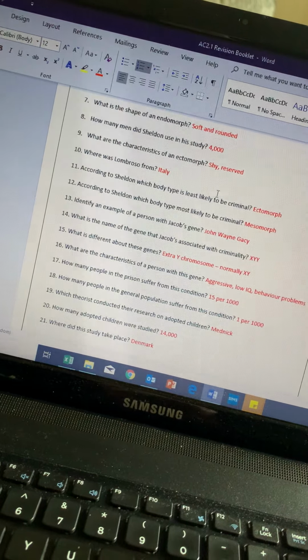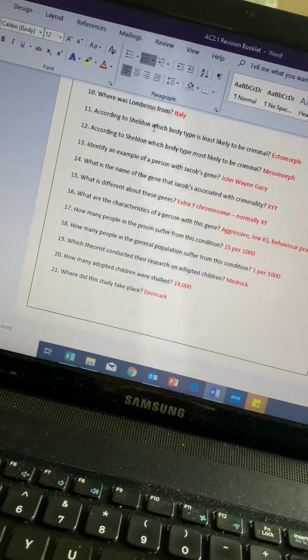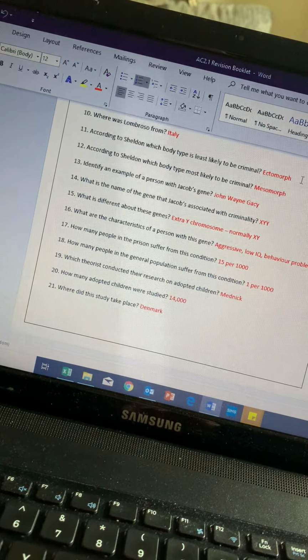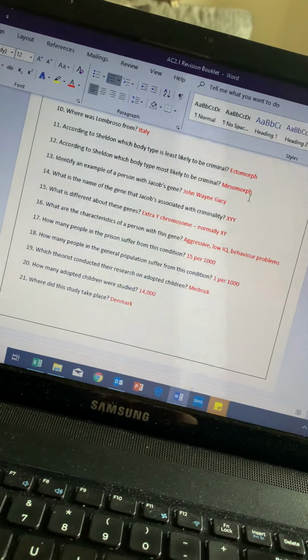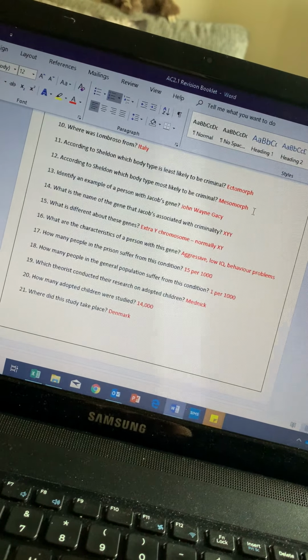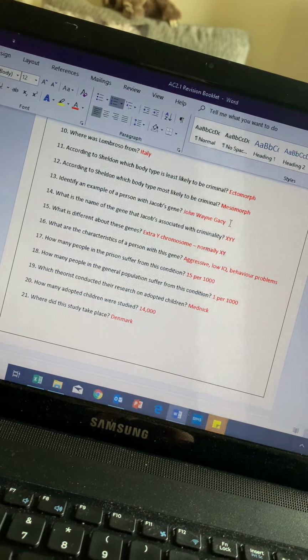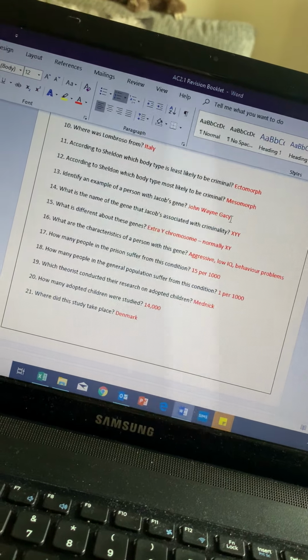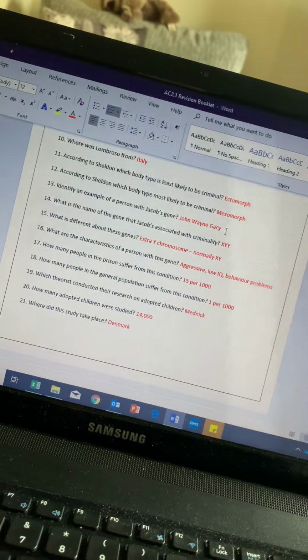Lombroso, where's he from? Italy, if you didn't get that one. According to Sheldon, which body type is the least likely to be criminal? That's your ectomorph. Most likely, mesomorph, obviously that muscular build. Person with Jacob's gene, so John Wayne Gacy, if you remember the quite horrible YouTube clip I showed you on that.